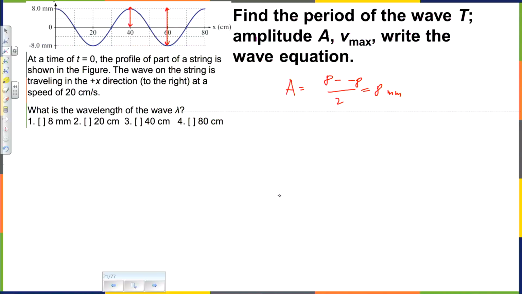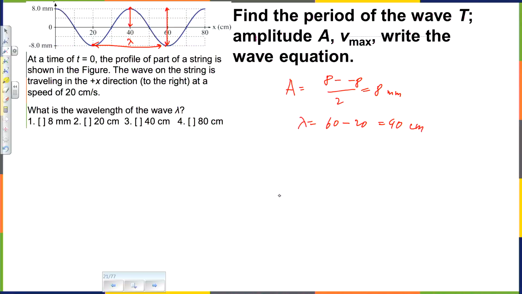What's the wavelength? Well, we need to apply a definition. It should be the shortest distance between 2 points oscillating in phase. In phase means at the same time they have the same displacement from equilibrium. So this is supposed to be the wavelength. The wavelength 60 minus 20, 40 centimeters.